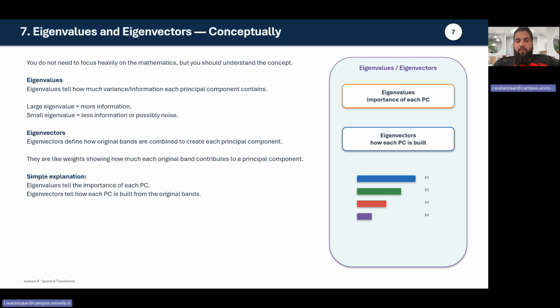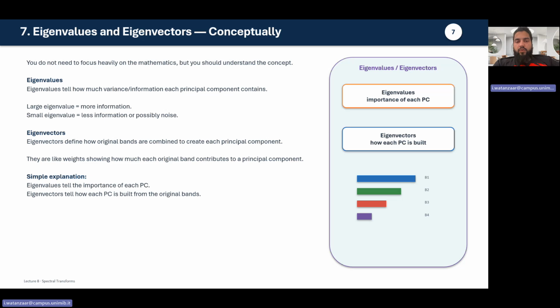The main role of the eigenvector is dealing with the band composition and how it's created, like how the original bands are combined to create a new component.